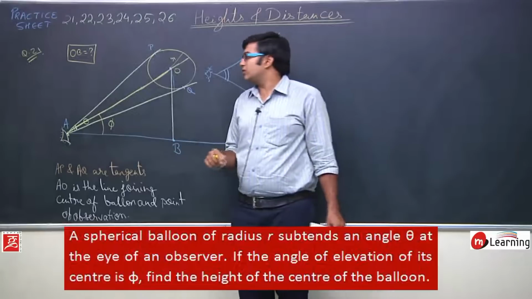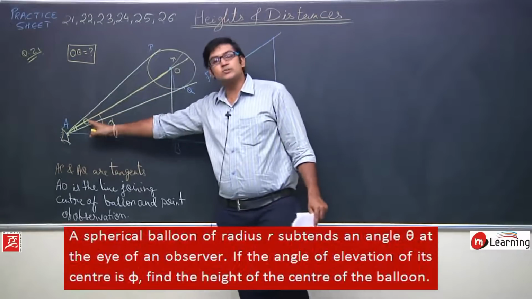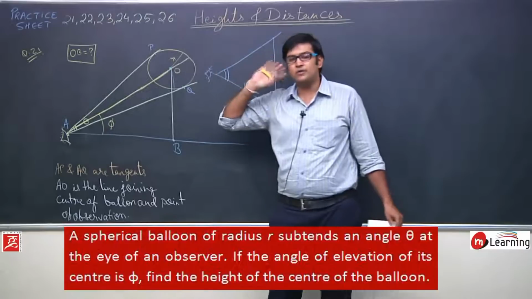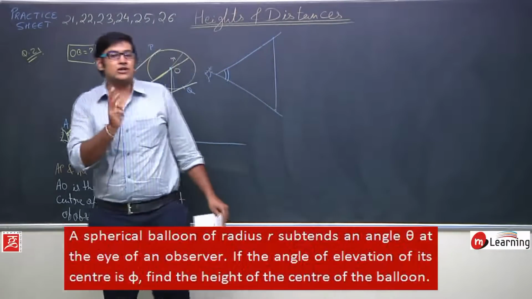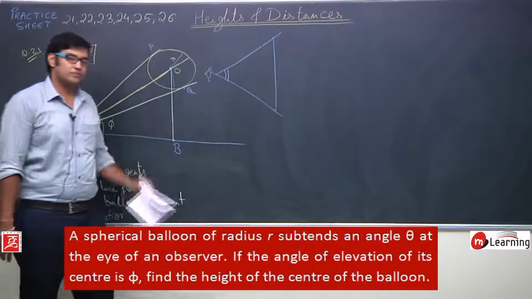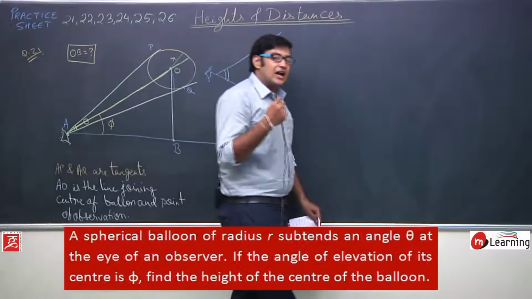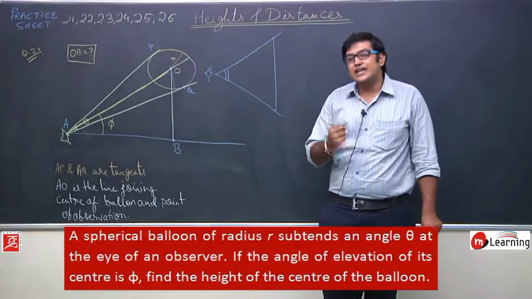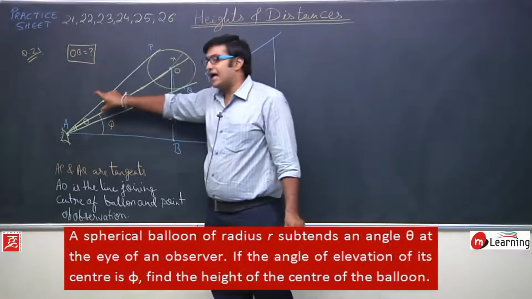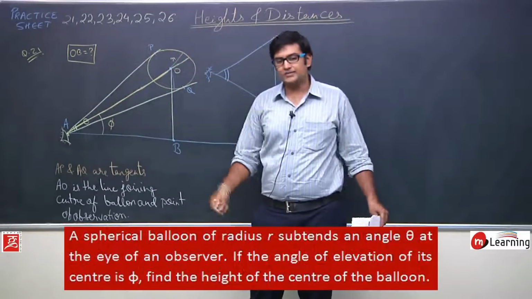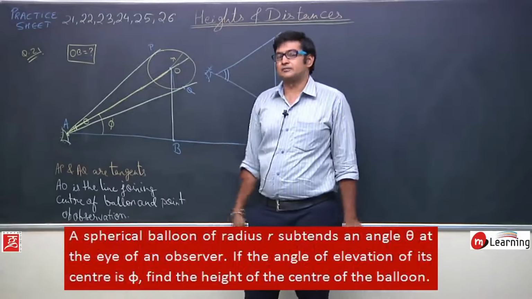So I need to calculate the value of OB in terms of phi, theta, and r. My approach should be such that I determine a relation between OB, r, phi and theta. It's a very important question.